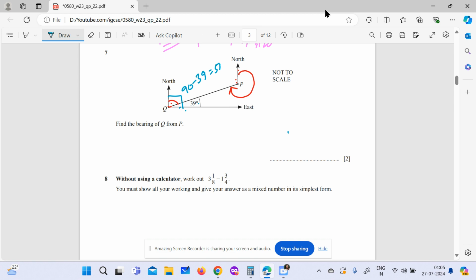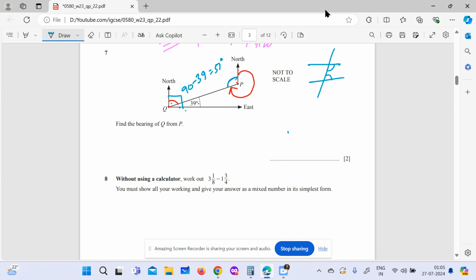Okay, now since this is 51, we can know this co-interior angle now. You know already the property of parallel lines. When we have parallel lines and they are intersected by a transversal line, then these two angles between the parallel lines are called co-interior angles.